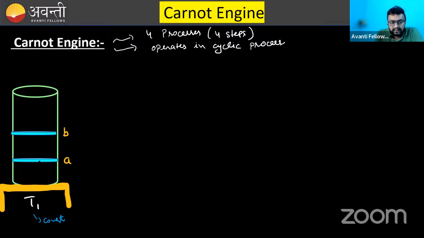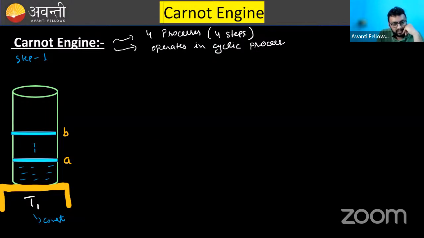Now, the gas is allowed to expand. There is a gas inside it, obviously an ideal gas. I am talking about step one. This is a four-step engine. The gas is allowed to expand up to a point B.